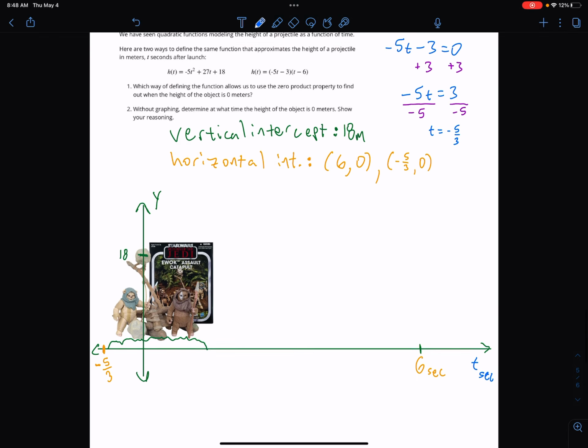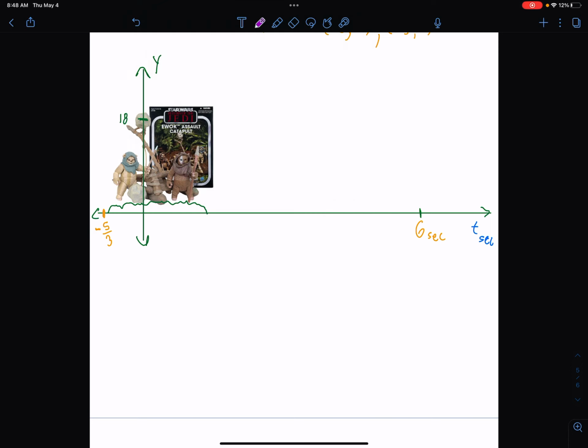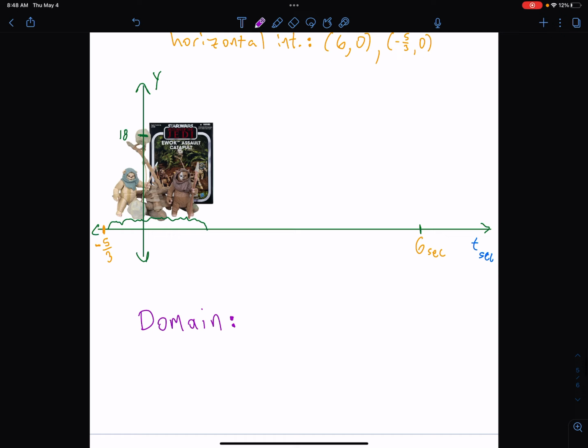So domain, which color should I write that up in here? Let's maybe in purple. Let's start filling this out. The only thing we care about for this domain, all the possible x values, or the t for time in seconds that could represent the flight of this projectile being fired from the catapult, it's going to start at 0 seconds.